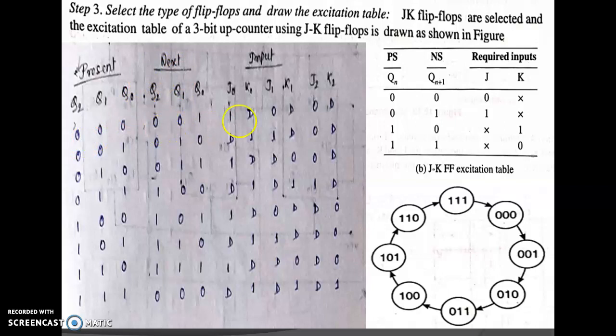That's why the J2 value is 0 and K2 value D. Next, present state Q2 value 0, next state Q2 value 0. That means again J2 value 0 and K2 value D. So we will extract the remaining value of the J2 K2 flip-flop in the same process.